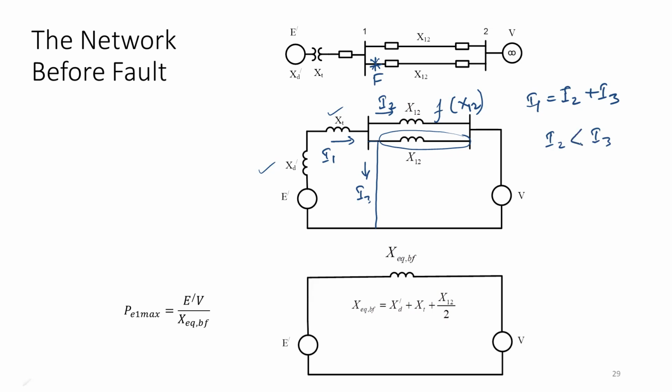Do all of us agree, or does someone have a different opinion? Come on, these are your simple basic circuits, you should know these things. Either yes sir, no sir, at least say something. So all of you agree that I3 will be greater than I2.